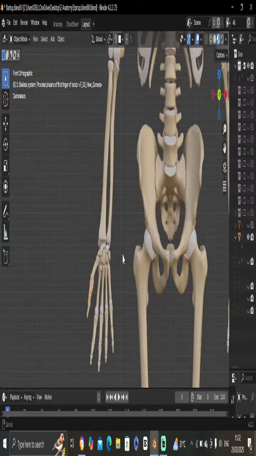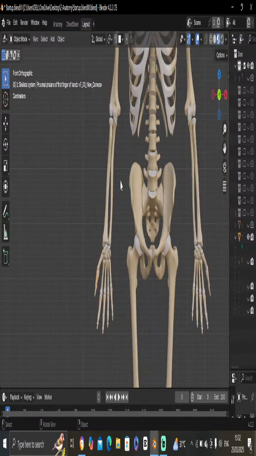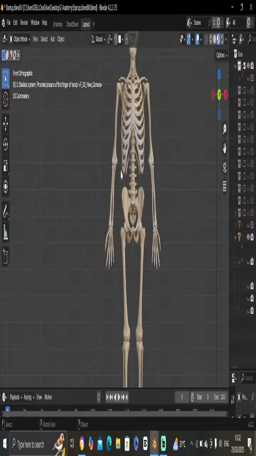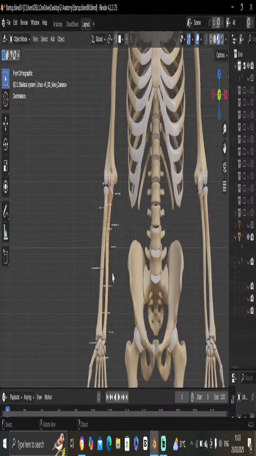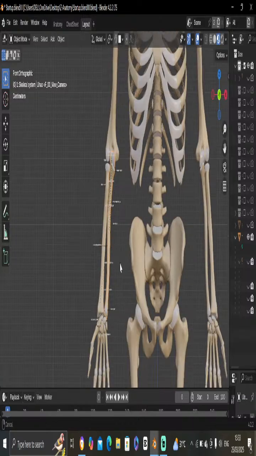We've talked in detail about the 32 bones of the upper limb. We started from the clavicle, then the scapula, the second bone, the humerus, then the radius and ulna, making 5 bones. Then we talked about the 8 carpal bones, that will make 13 bones.